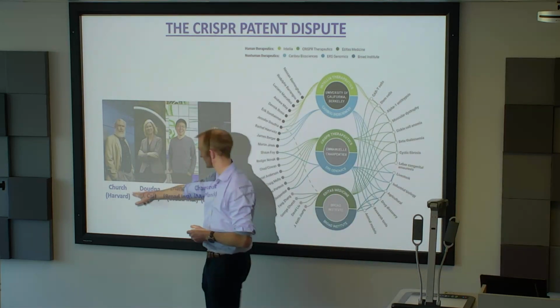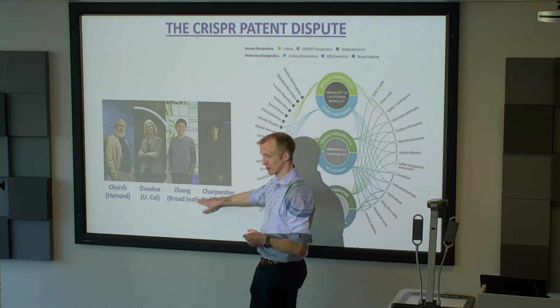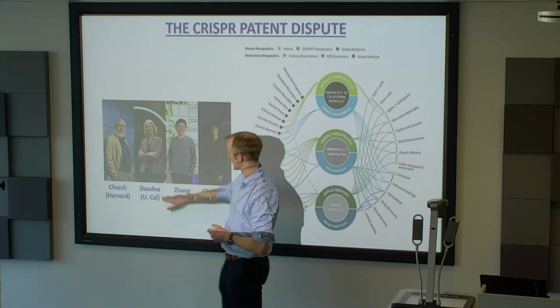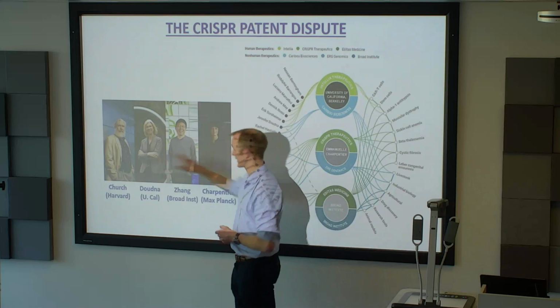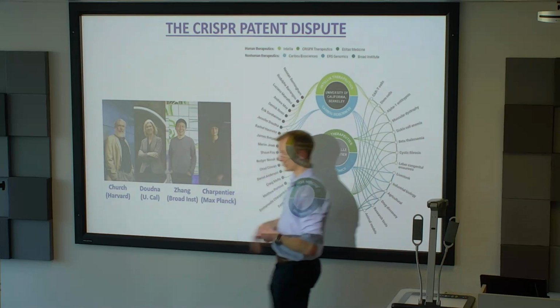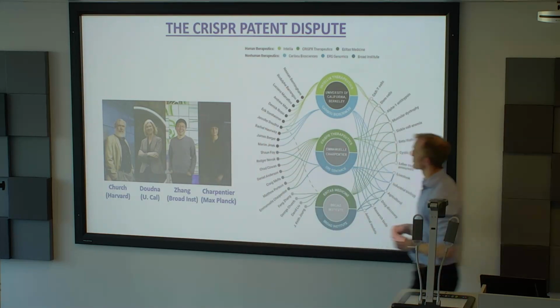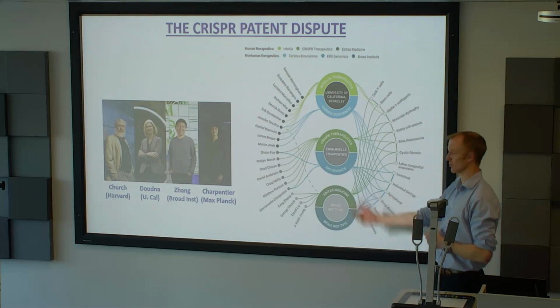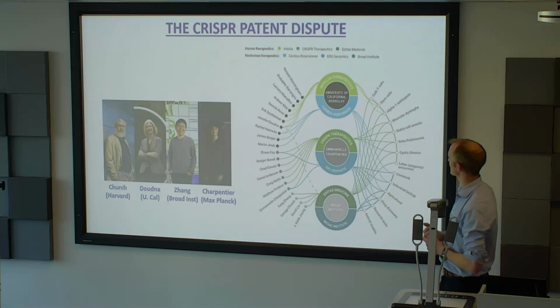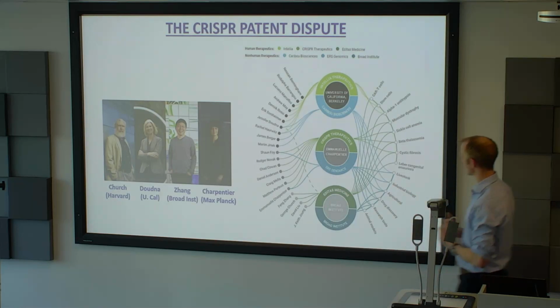George Church at Harvard, Feng Zhang at Broad Institute, Jennifer Doudna at University of California, and Emmanuel Charpentier, they did collaborate together. They're no longer working together. There's been a major war because, first of all, there's been a patent dispute as to who discovered CRISPR and who owns the technology, because obviously it can be used for a huge range of diseases.